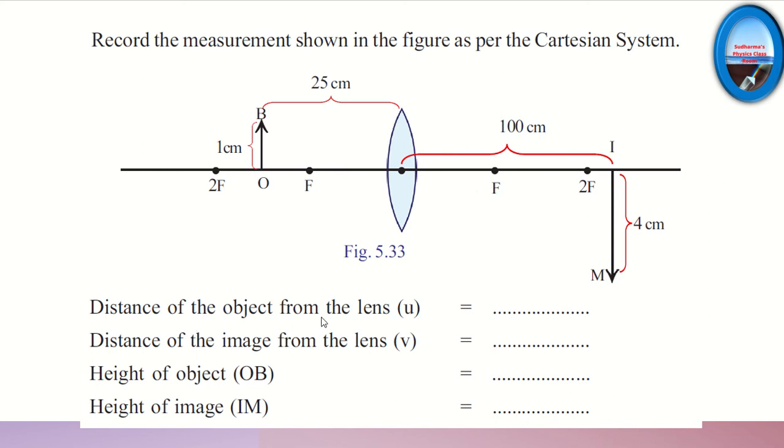The distance of the object from the lens we have to measure from the optical center towards the left, and that distance is given as 25 centimeter. The object distance is minus 25 centimeter because we are measuring it towards the left side.